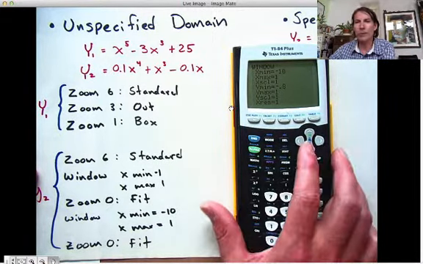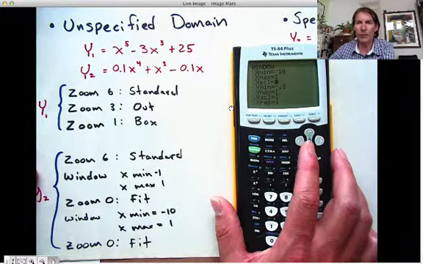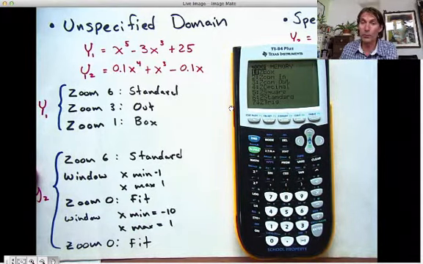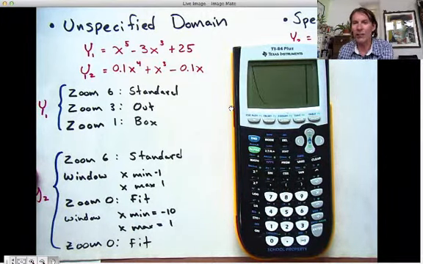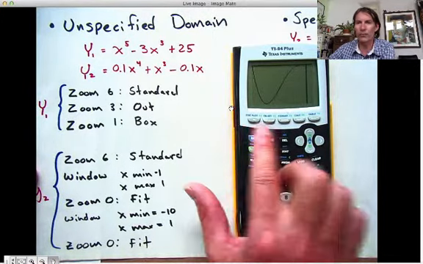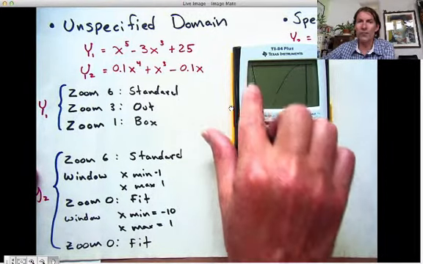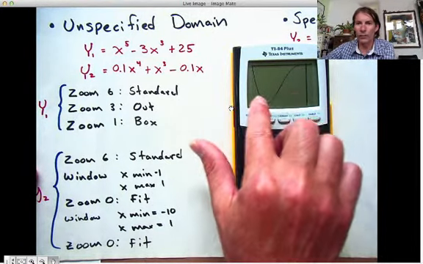And my x max I'm going to leave at 1 because it's going to capture pretty much the whole graph that I saw. And I'm going to hit zoom 0 again. That's zoom fit. And it's going to catch the other part of the graph really well. So it still catches this right-hand side of the graph, but it catches this lower part. Maybe I'm really interested in that lower part right there.